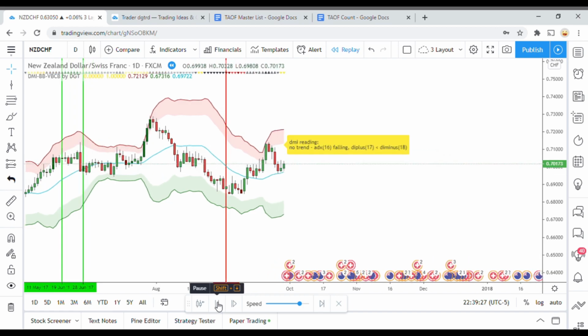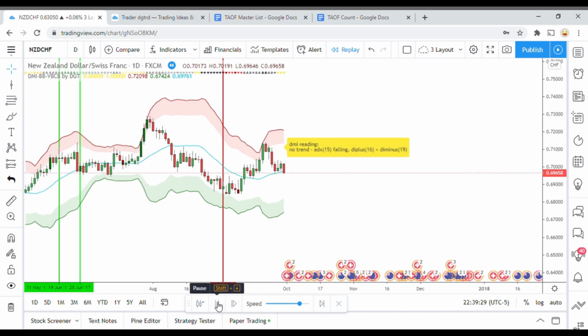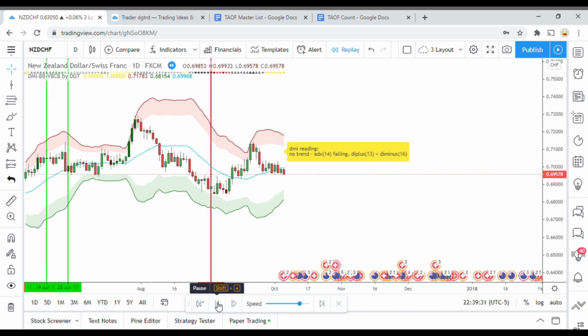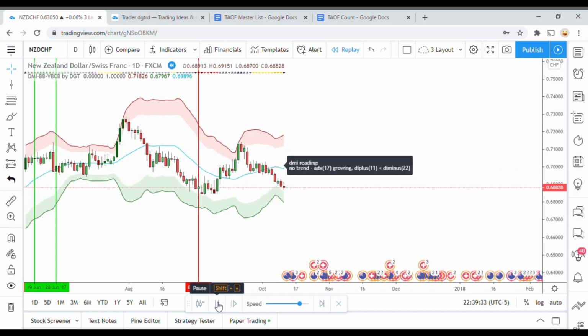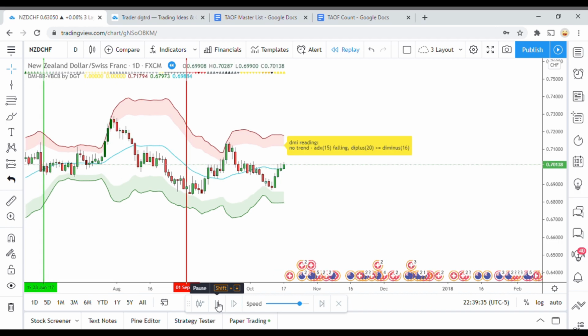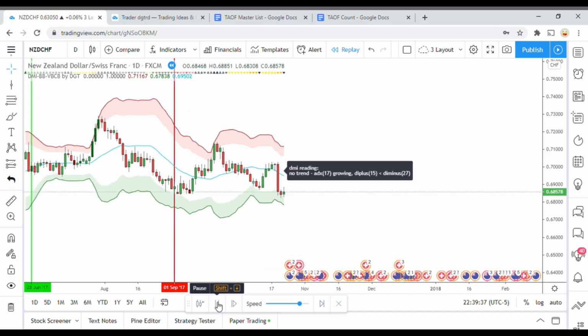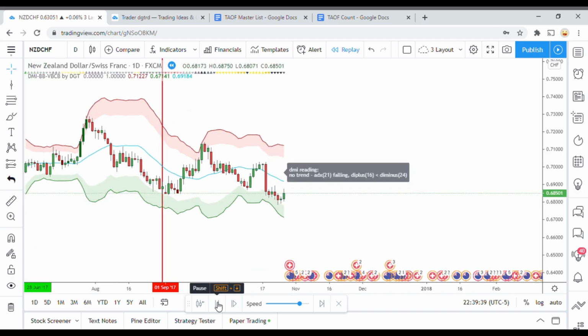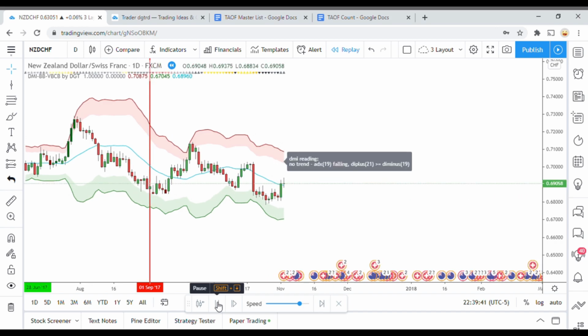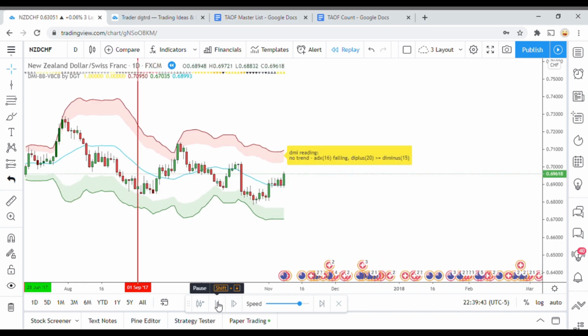Now, whether or not it can get us to a profitable win rate, that is another question. We'll see once we're done here. Calculate these up a little bit more.